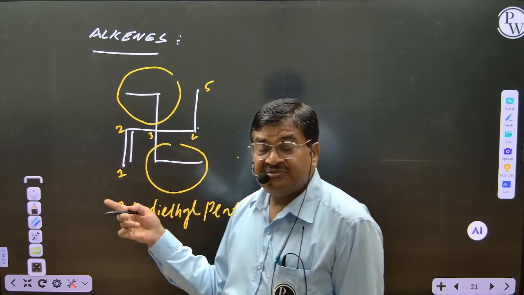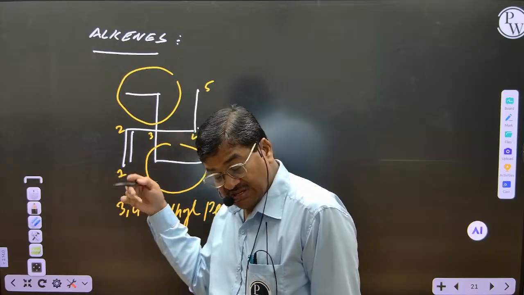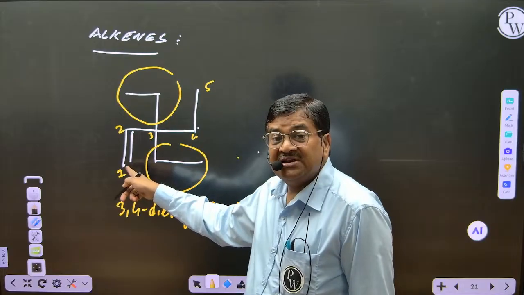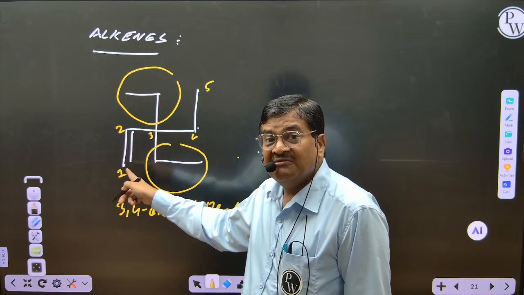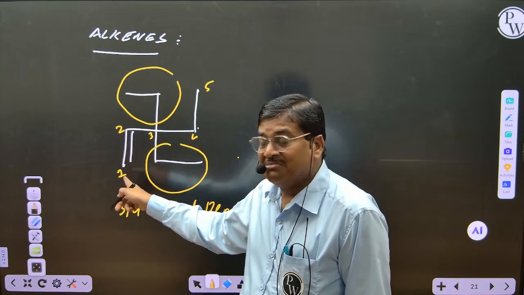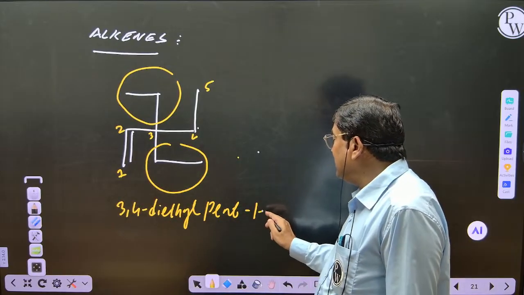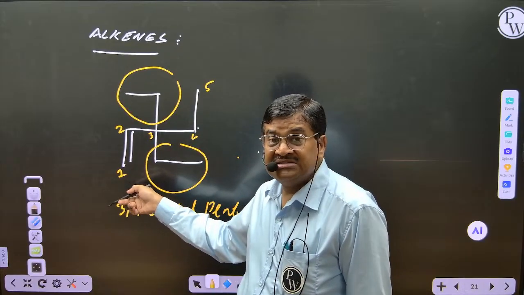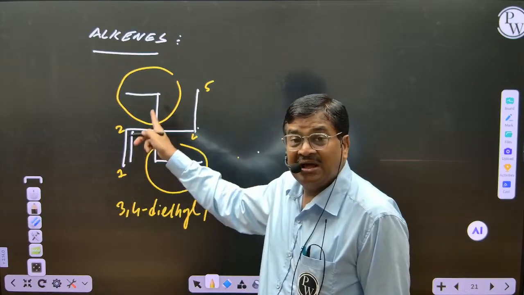Word root is written with what? Suffix. Now suffix, tell me what you write for this suffix primary. Ene, no? Where is the position of double bond? First carbon. So pent-1-ene. You have to mention the address. Where is the position of double bond? You have to mention whether it is present on first carbon or second carbon.